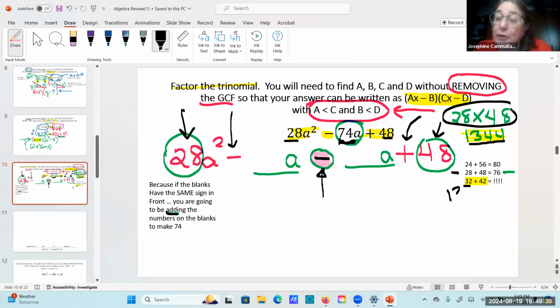I take 1344 and I divide by 32. I get the whole number 42. If I add 42 and 32, I get 74, the number that's in the middle. Does that answer your question?